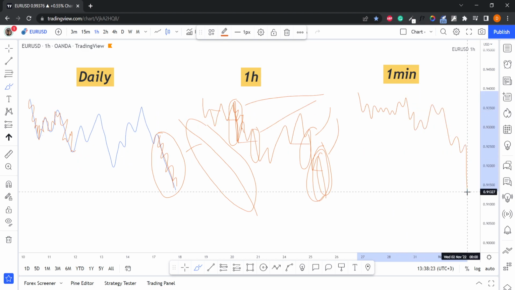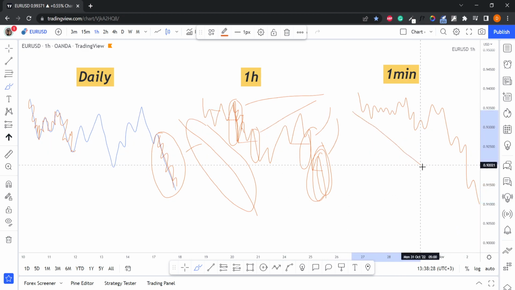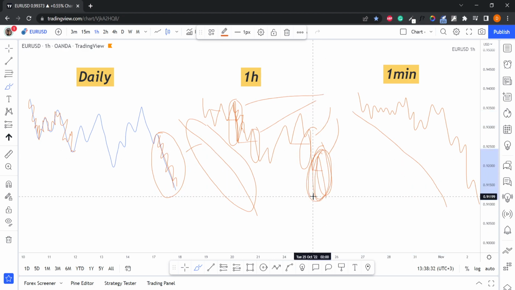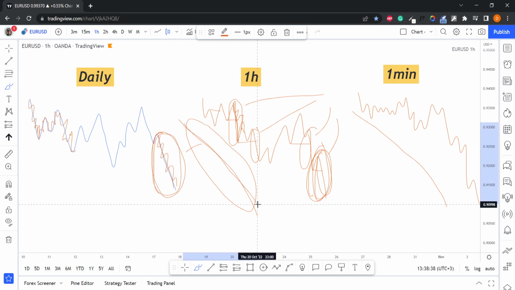So we will have something like this. Again, remember we are looking inside here on daily. So on daily it looks like this. But on 1 hour this part will look something like this, with shifts and reshifts, bullish and bearish, back and forth.